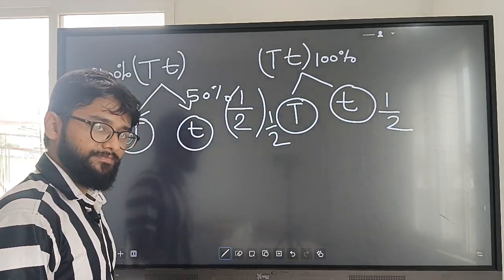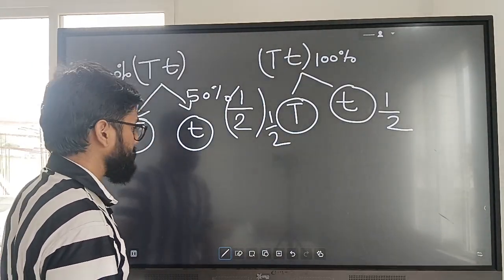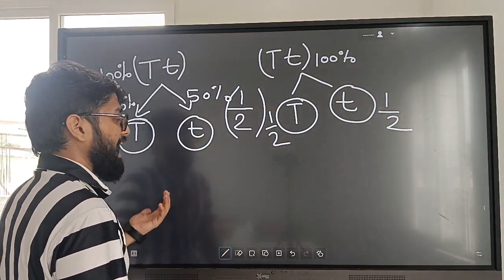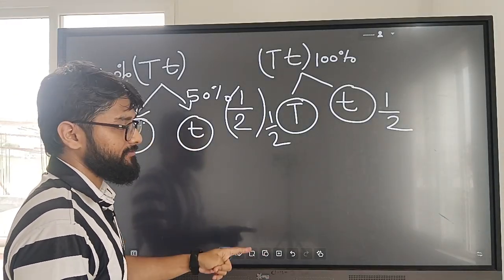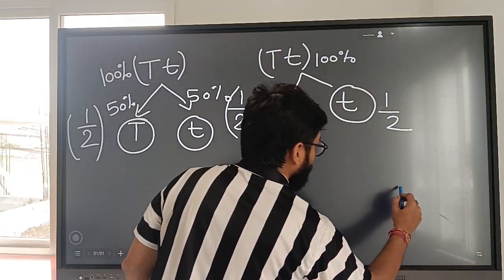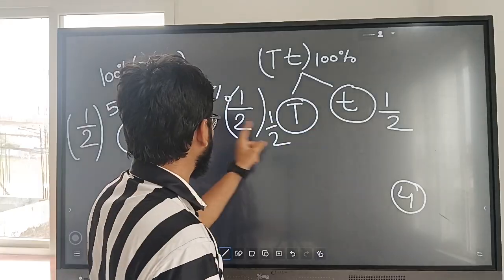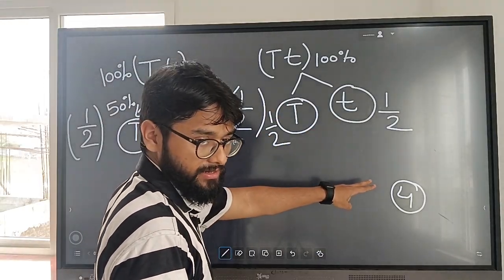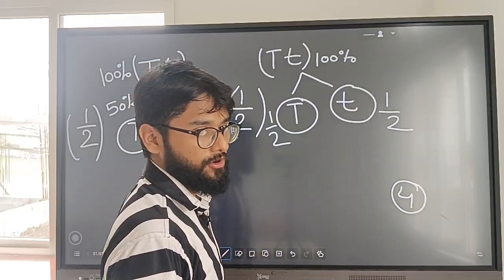Now from this itself, can you tell me how many individuals you can get in an F2 for a monohybrid cross? That will simply be 4. Correct? You have two different types of gametes, and with those you will get 4 possible combinations.